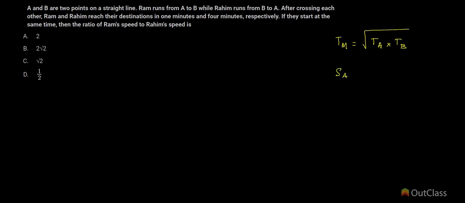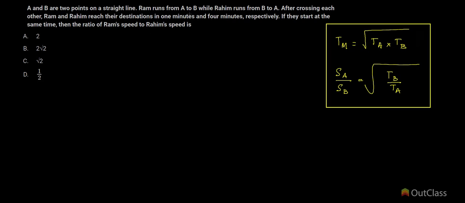The speed of A by speed of B is the inverse root. Like speed ratio is inversely proportional to the root of the time taken after meeting. We have discussed this in the concept videos. If you are interested in the derivation, you should check out the concept video. What we need is just this result.